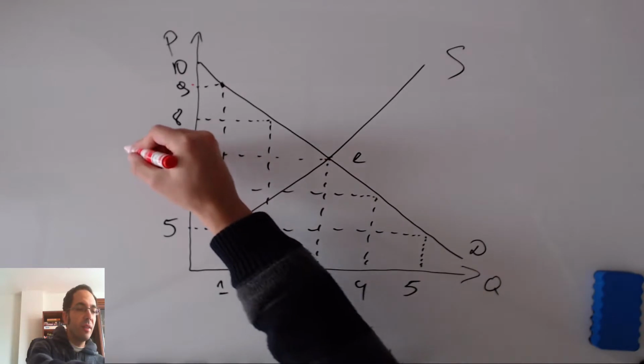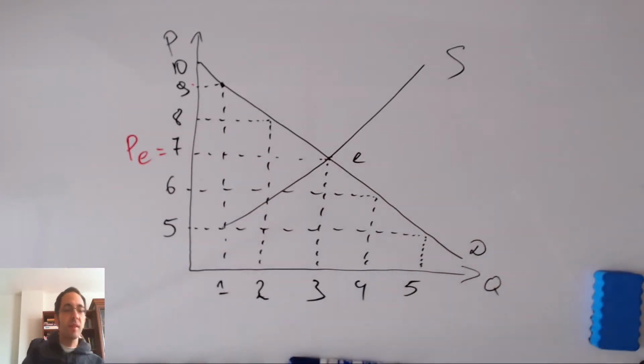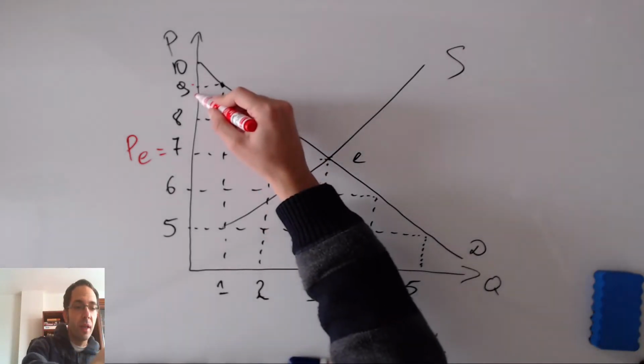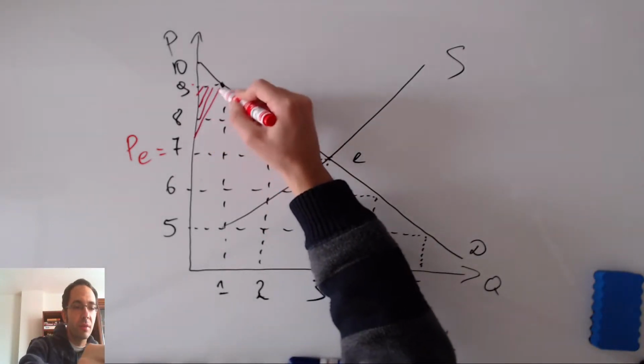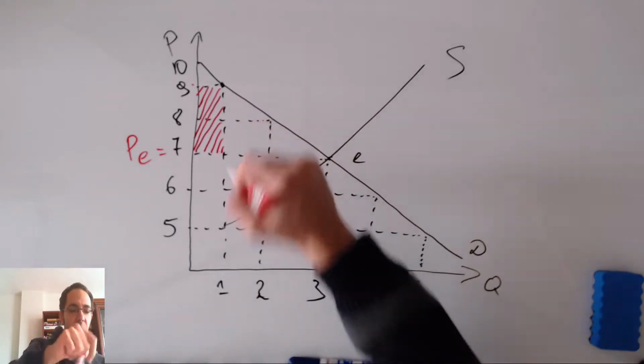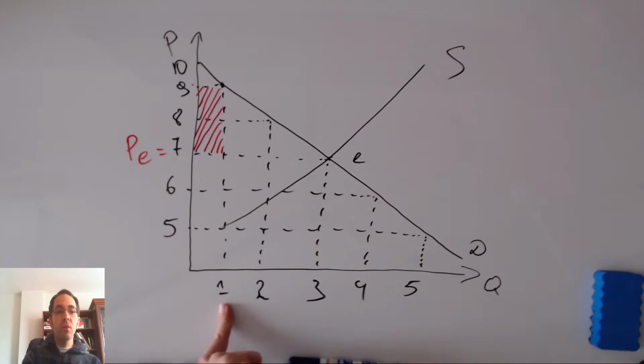However, this is the equilibrium price, 7. So effectively, the first person will be getting a $2 consumer surplus. That's just for the first guy, right? And we can illustrate this. This difference between 9 and 7 for the first guy would be his or her consumer surplus.